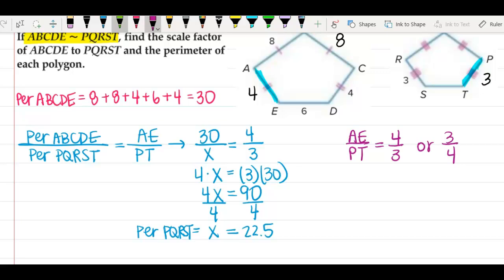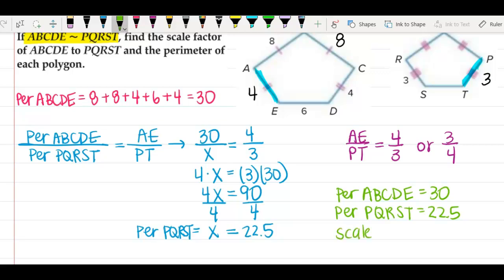So, putting everything together, perimeter of ABCDE is 30. Perimeter of PQRST is 22.5. And our scale factor is 4 over 3, or 3 over 4.